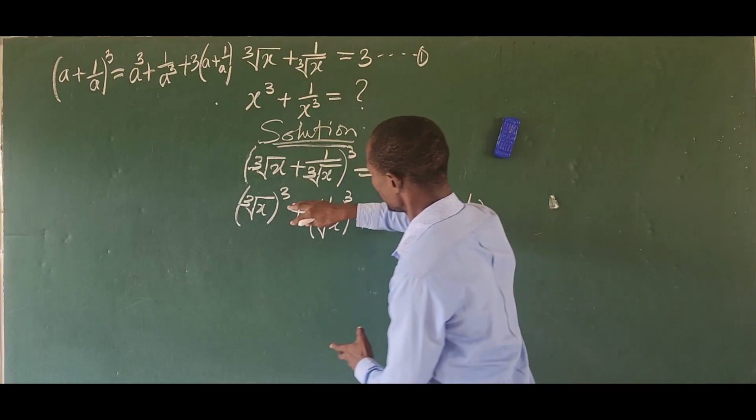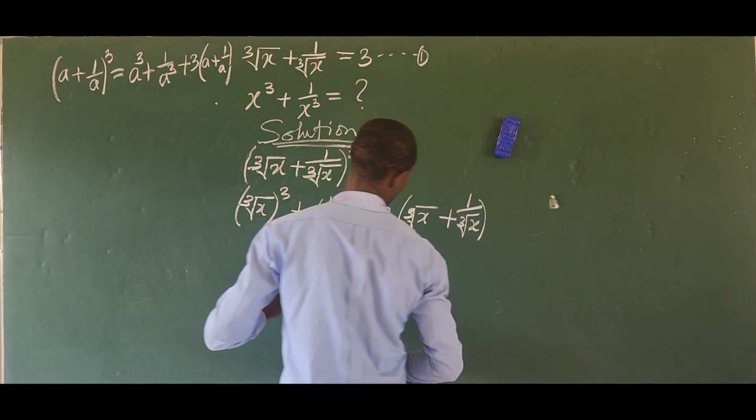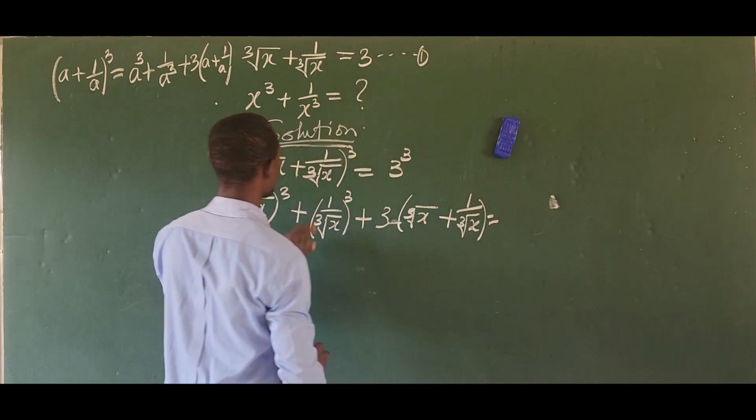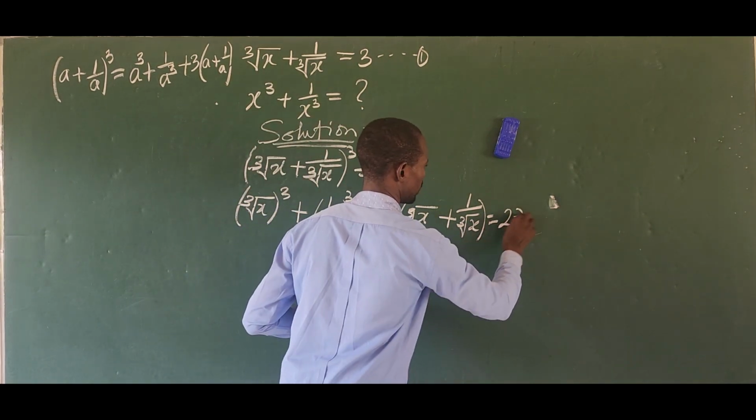So what we just expanded is this very expression here. We expanded it in this format. And 3 to the power of 3 is 27.